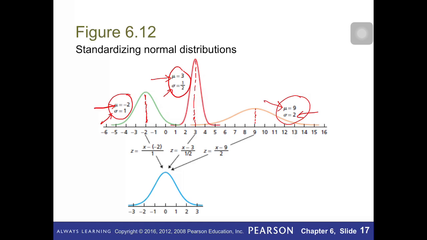Anyway, it doesn't matter what the shape of the normal distribution is. You can convert these normal distributions into the standard normal distribution by using this formula.